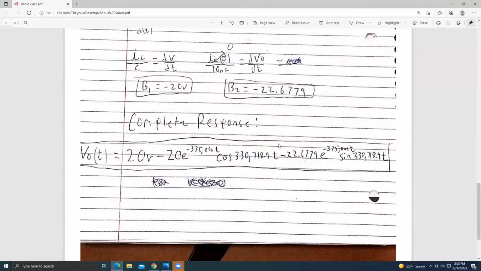We then again would have plus b2, but b2 is negative, so we'd have minus 22.6779 e to the negative 375,000 t, again this is our alpha, times sine 330,718.9 t, this again being our omega d. And that is the complete response, and that is our final answer.